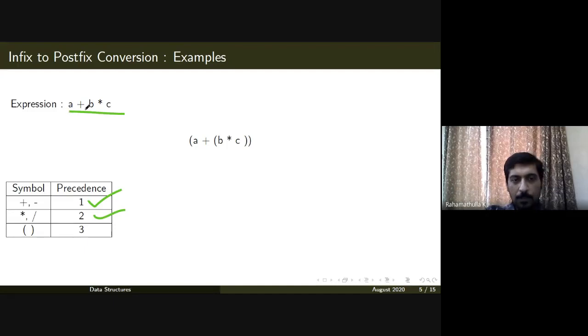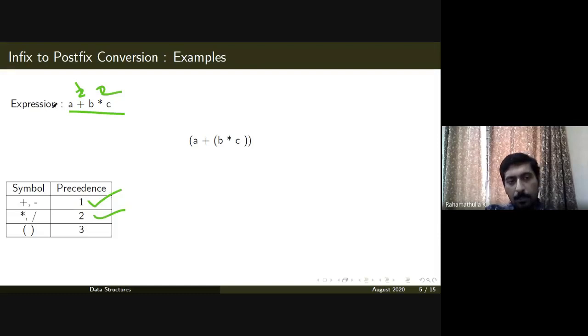For example, in a plus b star c, b star c is the operation to be done first, and the addition is done next. The operation with the higher precedence value is taken first, so we write it as 2 and this as 1. And of course, if something is written in parentheses, it needs to be done first. That means opening and closing brackets should be given the highest precedence.